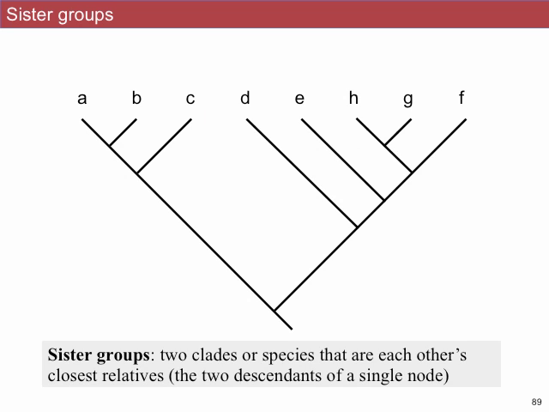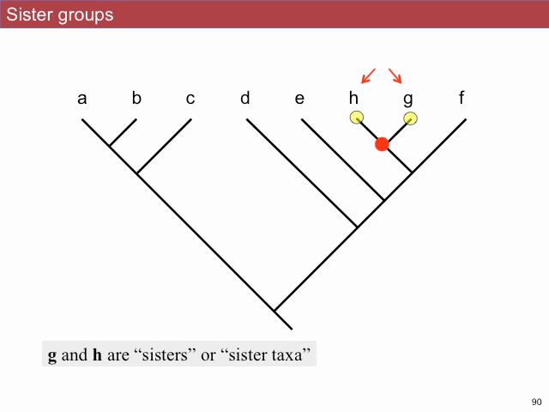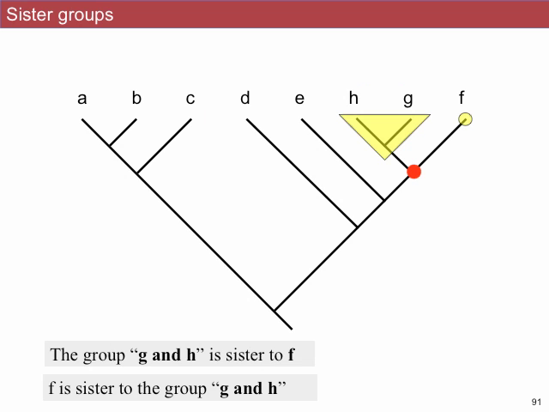Okay, so another term that is, in essence, the same in many ways as the relatedness term, but it's used slightly differently, is this sister term. So sister groups are any two clades, or a clade and a taxon, or two taxa.